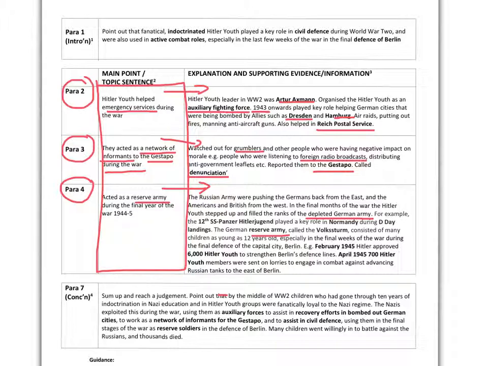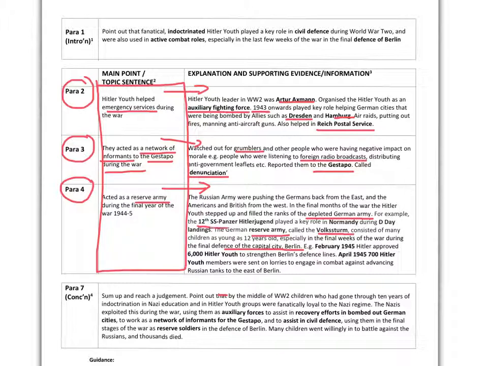The reserve army was called the Volkssturm, the People's Defence, and in the final stages of the war, the Volkssturm were the key soldiers who, for example, defended the capital city, Berlin. Now, children were a key part of the Volkssturm in the final months of the war. So I've included some examples there for you.